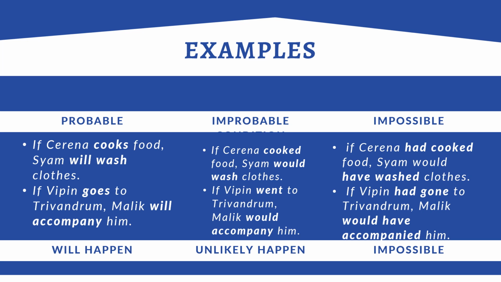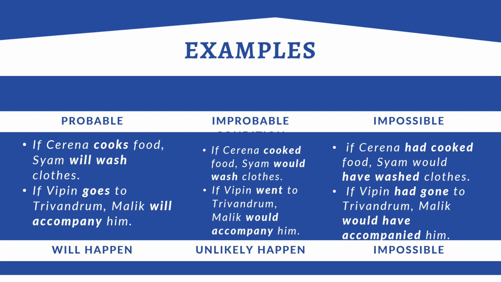The second one is improbable condition. Here the same examples that were written under probable condition are being transformed into improbable condition. Let's see what will happen to Serena, Shyam or Vipin. If Serena cooked the food, Shyam would wash clothes.